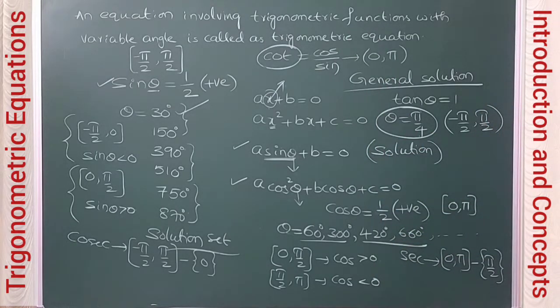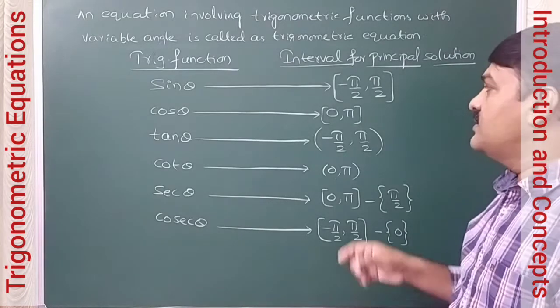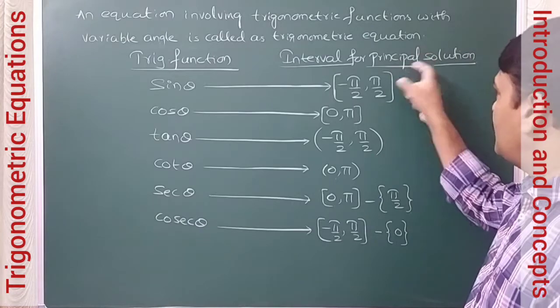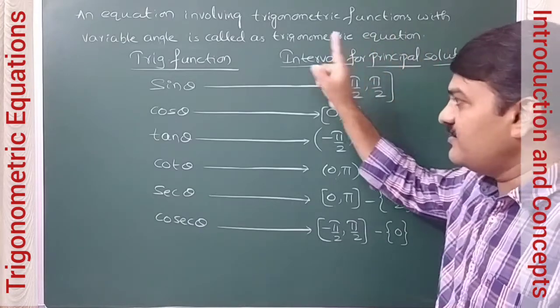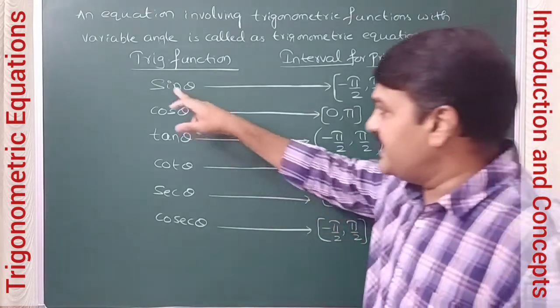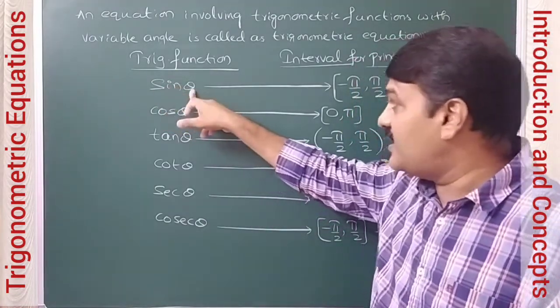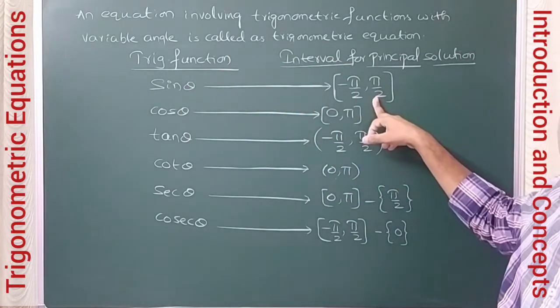So let us write all the principal solutions in a table now. Okay, so this is the consolidated table which shows the principal solution interval for different trigonometric functions. So for sin theta, the principal solution of theta must be in this interval.